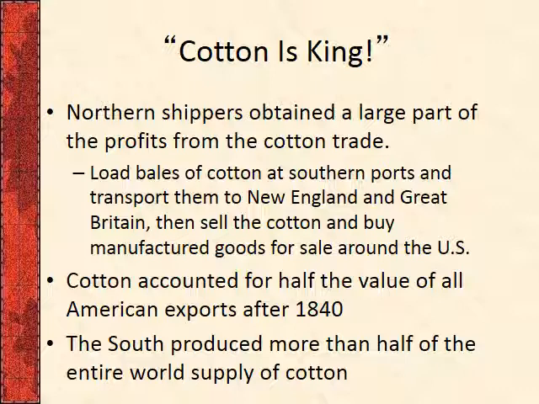Then these ships would sell this cotton, get money, and purchase manufactured goods. Either manufactured goods from Great Britain, who was still the industrial powerhouse of the world, or from these new factories in and around the New England, New York, Philadelphia area, and then ship these manufactured goods to wherever.